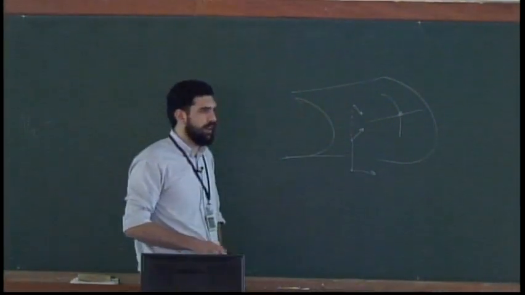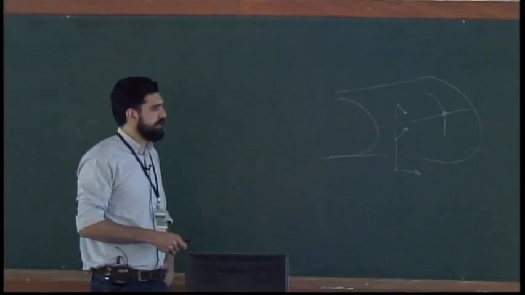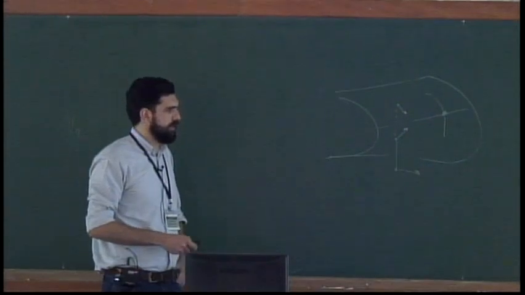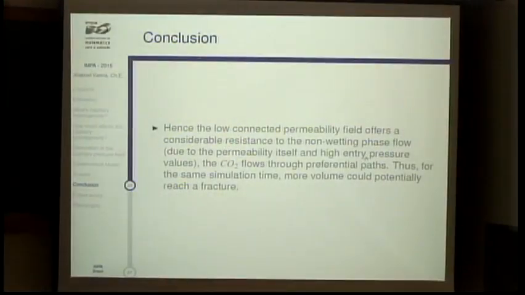That's why we got this kind of result, that the low permeability structures lead to a higher liquid CO2 volume. Thus, for the same simulation time, more volume could potentially reach a fracture.